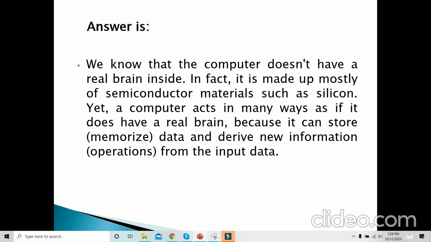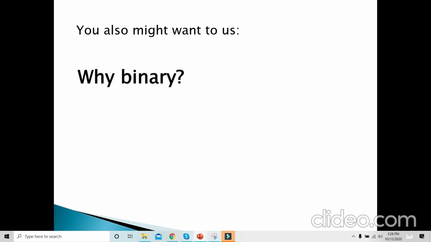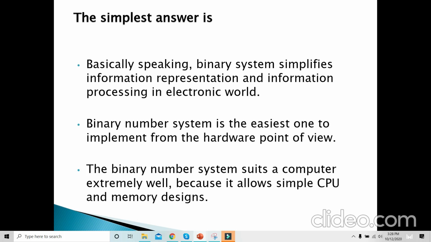You also might want to know why binary. There is the decimal number system, and there is this binary number system, so why choose binary? The simplest answer is, basically speaking, the binary system simplifies information representation and information processing in the electronic world.